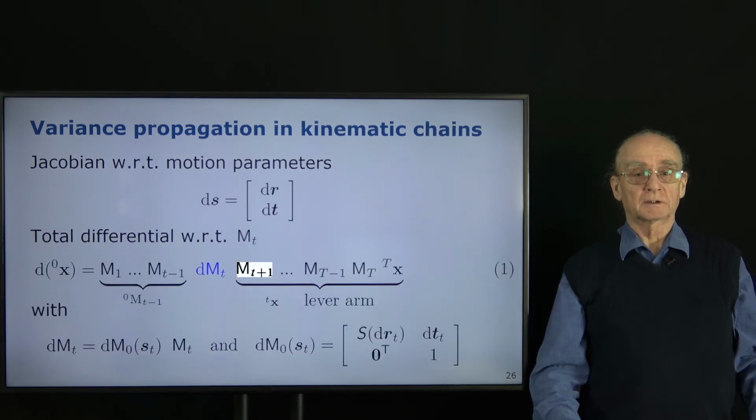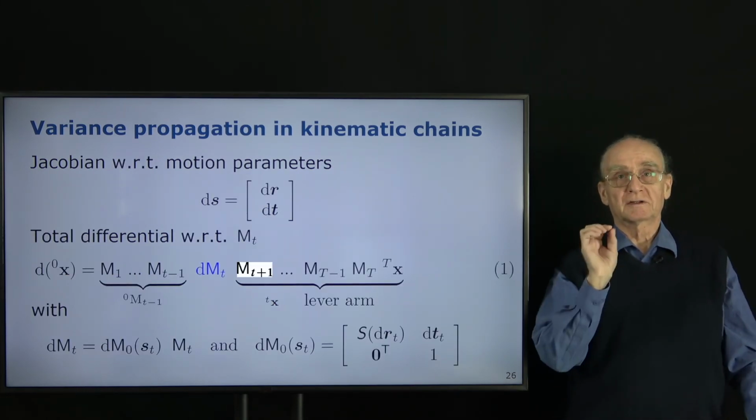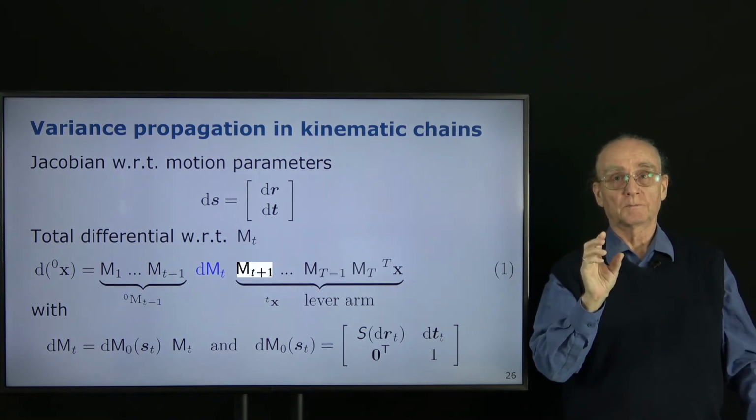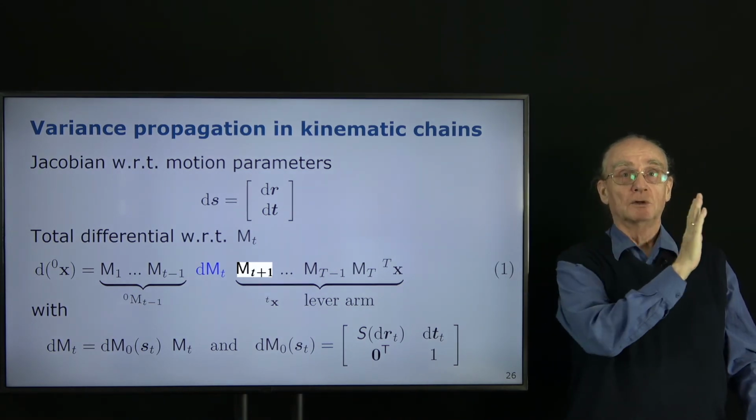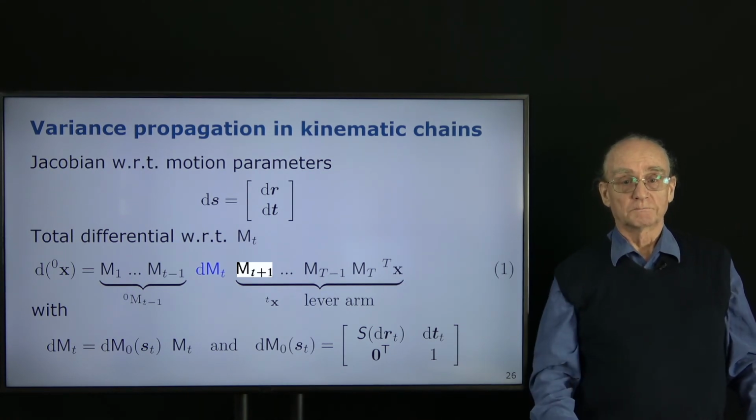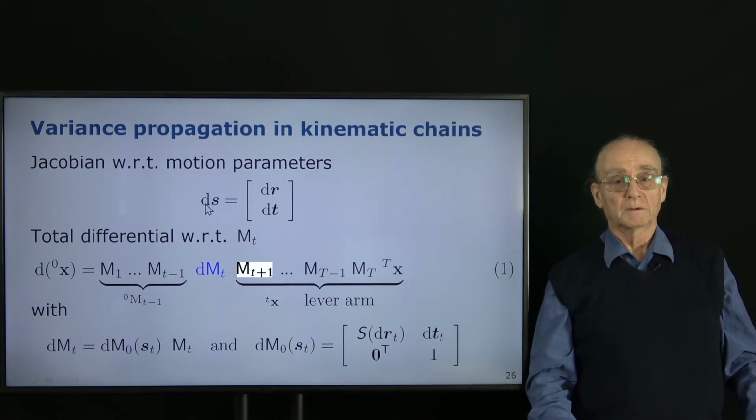Now we look at the effect of the small motion at time t onto the x_0. So we describe the motion by M_t and its uncertainty by the covariance matrix of dR, dT, that means by ds. Now let's have a look what happens here. So we take the total differential of x_0 only with respect to the motion t.